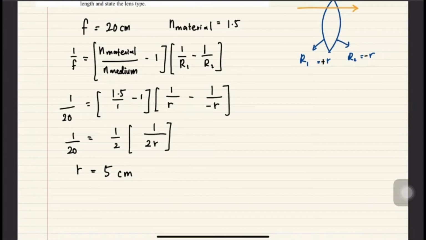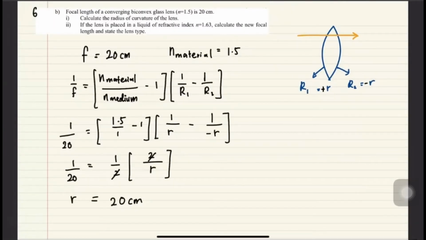Memang dapat R. Ada, saya kira. 1 over R tambah 1 over R, 2 over R lah. Kan? Okay, thank you. It will be 2 over R. So potong-potong. R sama dengan 20. Okay.